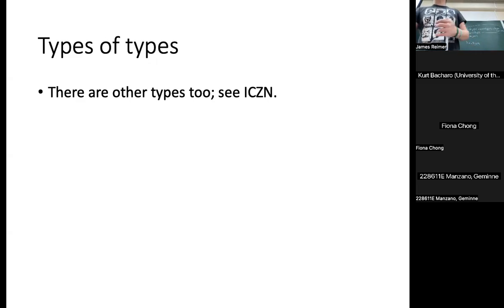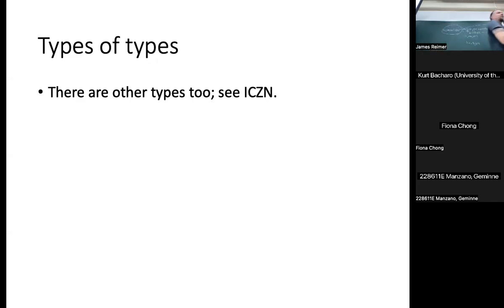There's another thing you can do to help future taxonomists. If you're working on a group and you've gone through all the literature and you have a lot of information and you're like, wow, this is really cool, you can do something called a nomenclator.